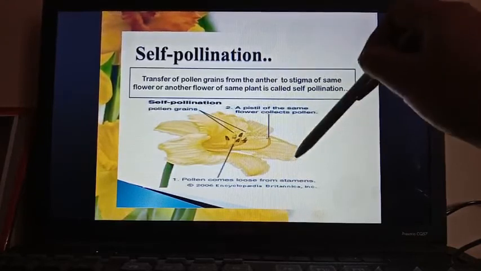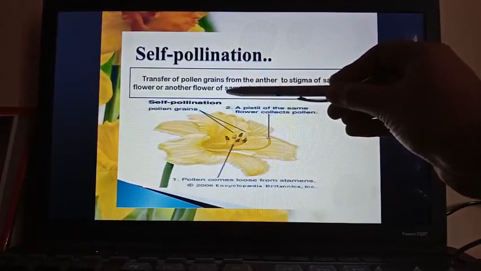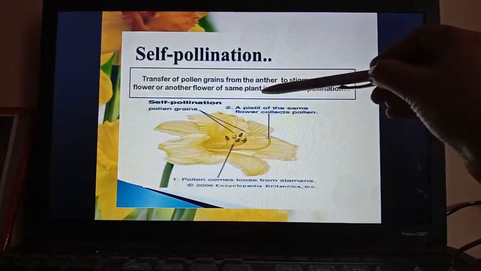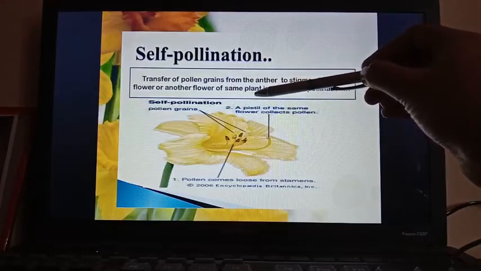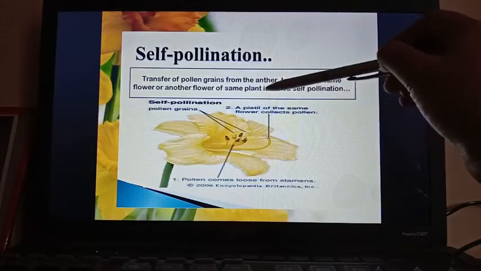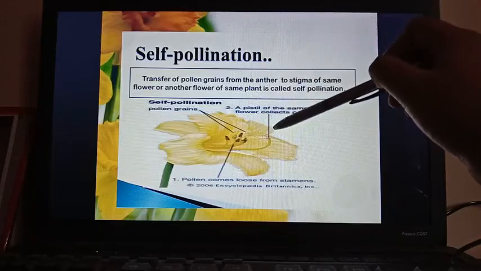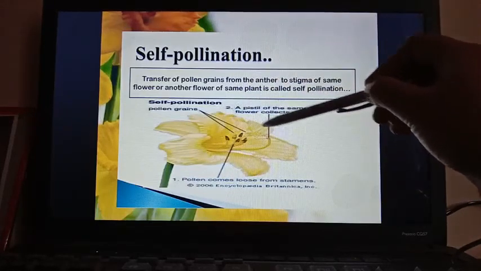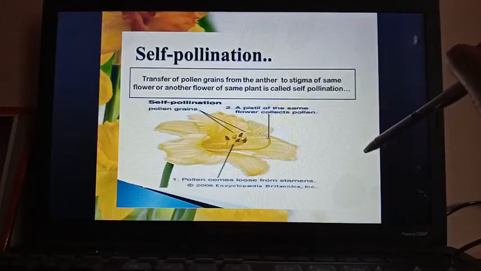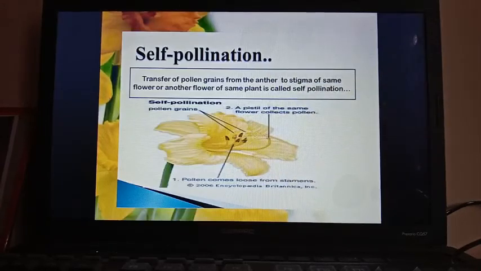So mind it, students, the main point of self-pollination is the same plant: the pollen grain will be transferred from the anther to the stigma in that same plant. Maybe it is within the same flower or maybe from one flower to another flower, but the two flowers will be on the same plant.